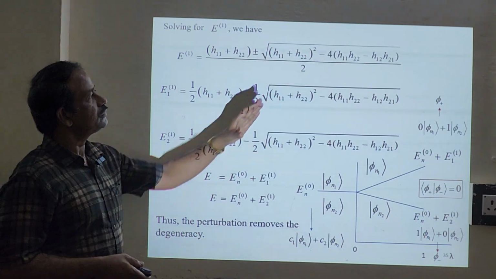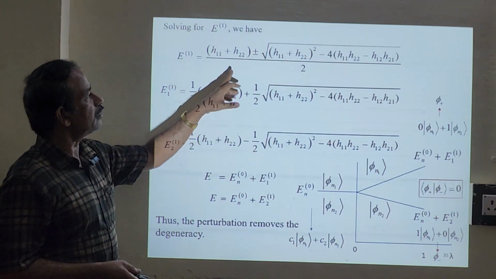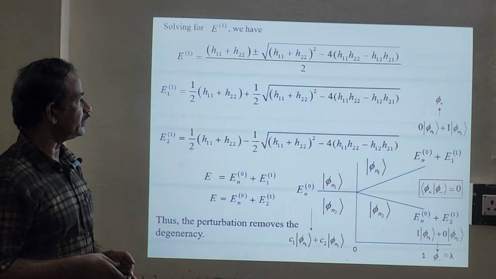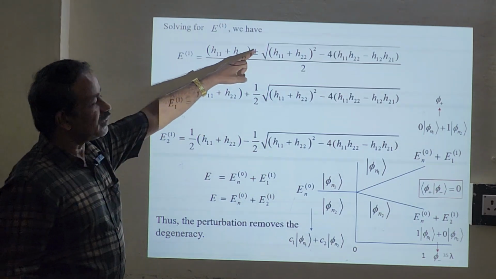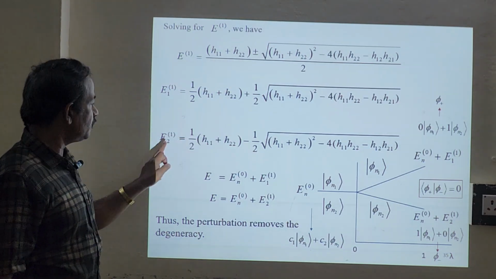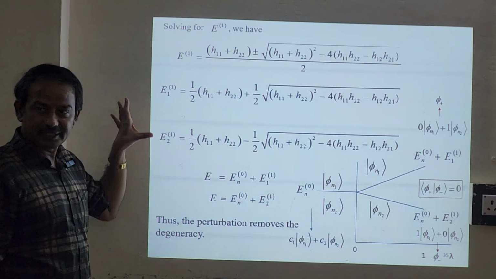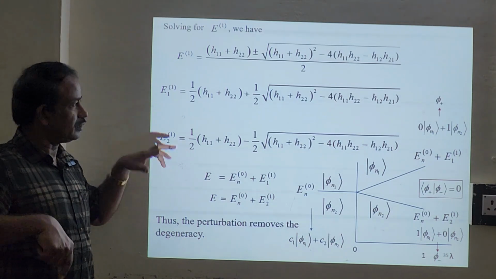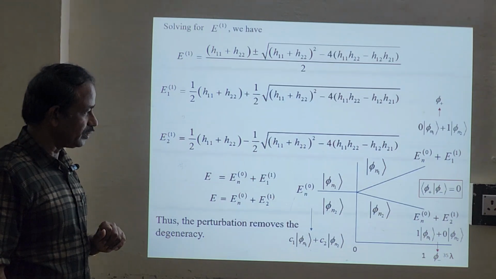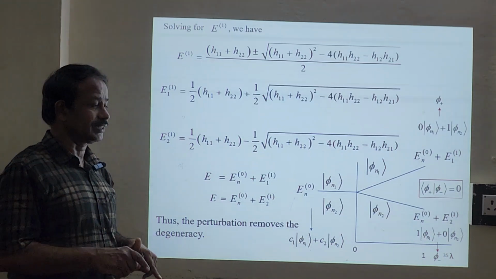Just divide by 2 separately, that will give you this equation. Now plus or minus is there. Plus stands for E1 plus, minus stands for E1 minus. So we have separated these two energies. This is one energy, this is another energy level, we can say.